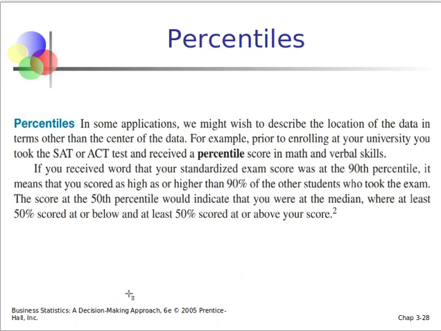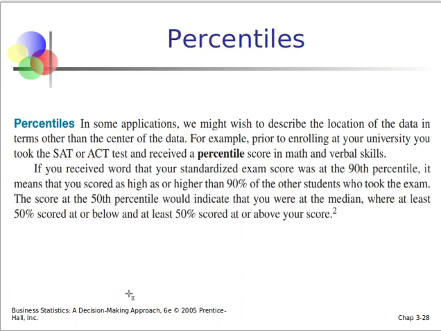If you received word that your standardized exam score was at the 90th percentile, it means that you scored as high as or higher than 90% of the other students who took the exam.